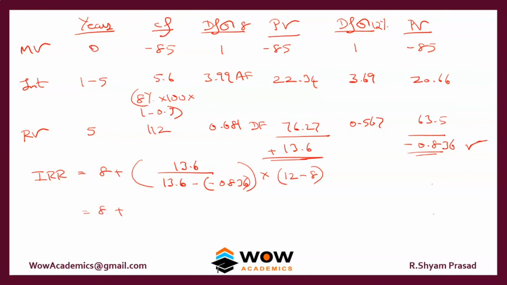So that comes to 13.6 plus 0.836. So it's 13.6 divided by 14.4 into 4. So the answer comes to 8 plus 3.78, which refers to a total of 11.78%. So this is the KD. Okay, this is the cost of convertible debt.